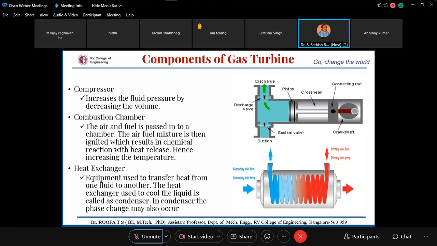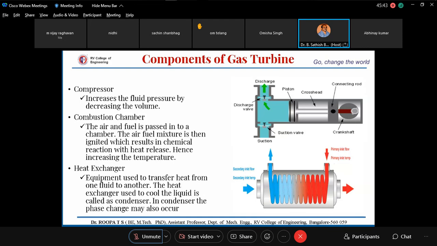The combustion of that air fuel mixture takes place, which results in the release of heat energy. Because of that combustion process, the temperature increases to a greater extent. So the compressor compresses the working fluid, increasing the pressure by decreasing the volume, whereas in the combustion chamber, the combustion of the air fuel mixture takes place.